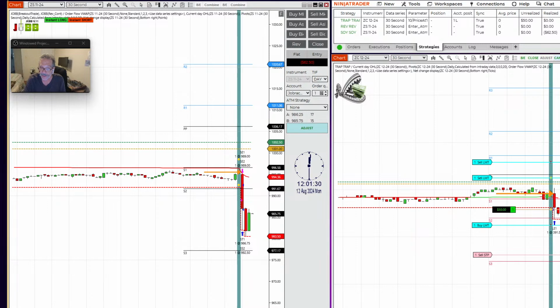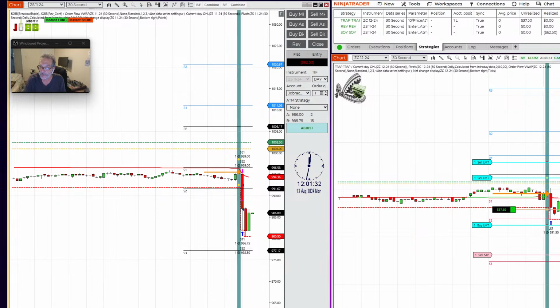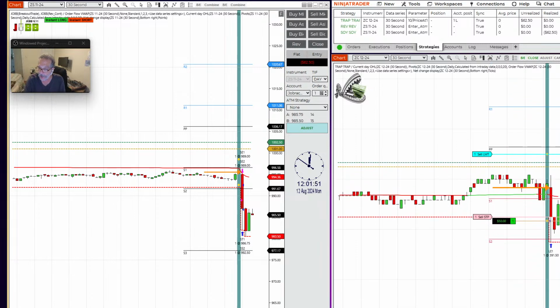Now soybeans look like they are starting to reverse, and I think I'm too late to get in. I'm going to cancel my outer tier on corn and put my strategy into safety. No matter what, I can't lose on corn.